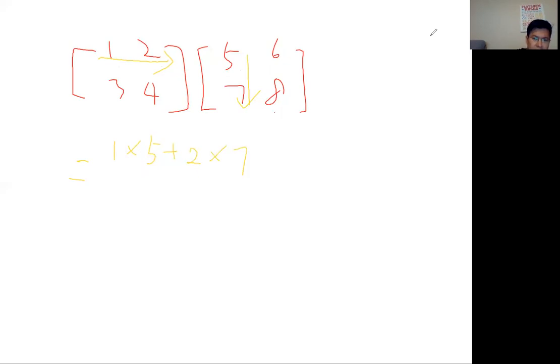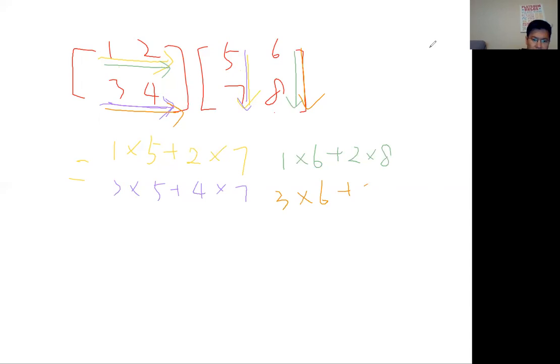Same thing goes for the next one: 1 times 6 plus 2 times 8. The next one coming down, next row to column: 3 times 5 plus 4 times 7. And then this next one: 3 times 6 plus 4 times 8.